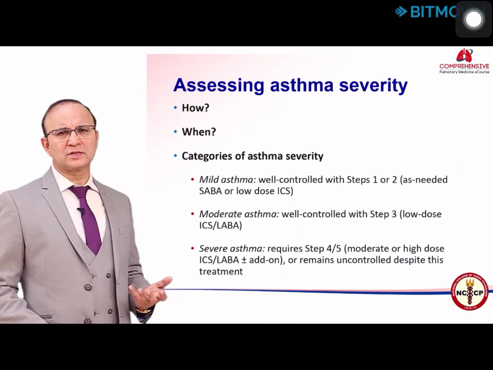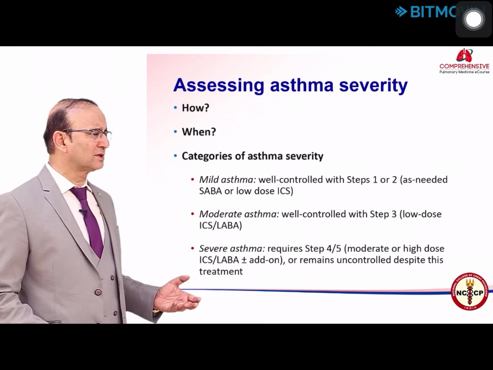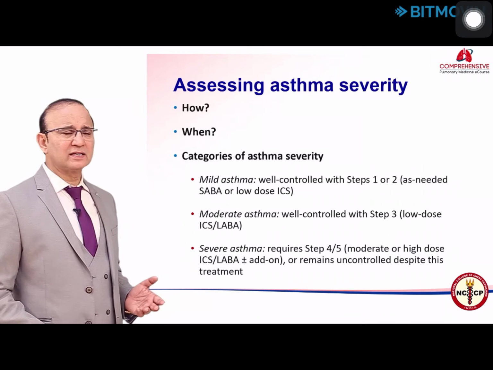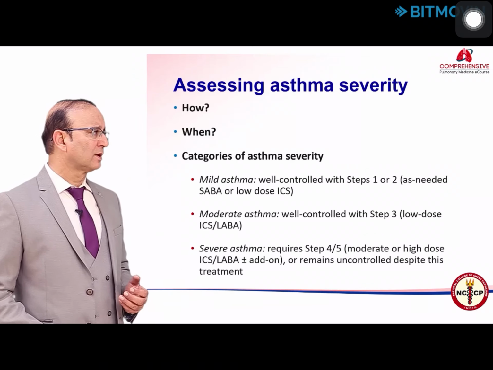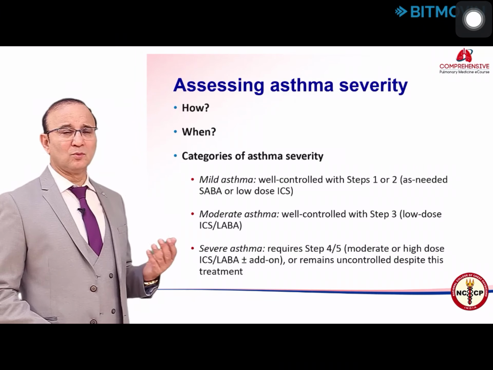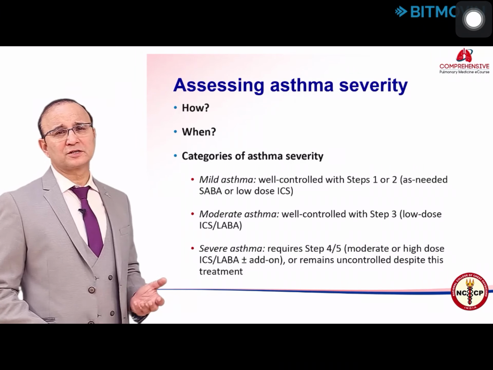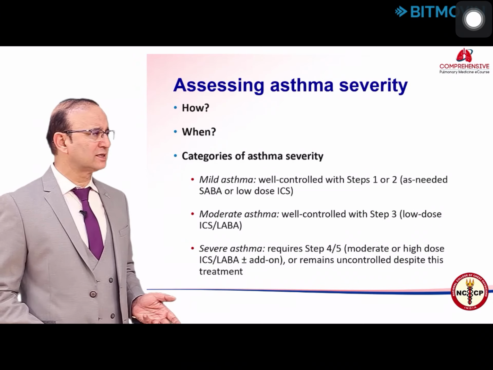Various institutions have divided the severity in different forms. One of them is by GINA, in which mild asthma is when the patient is well controlled with step 1 and 2. That means as-needed SABA or low ICS. Moderate asthma is when the patient is well controlled with step 3. That means a combination of low dose ICS and LABA.